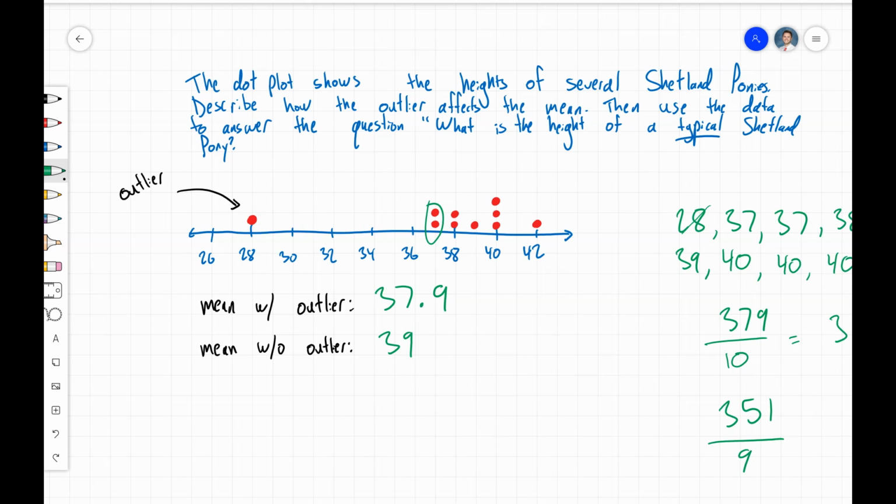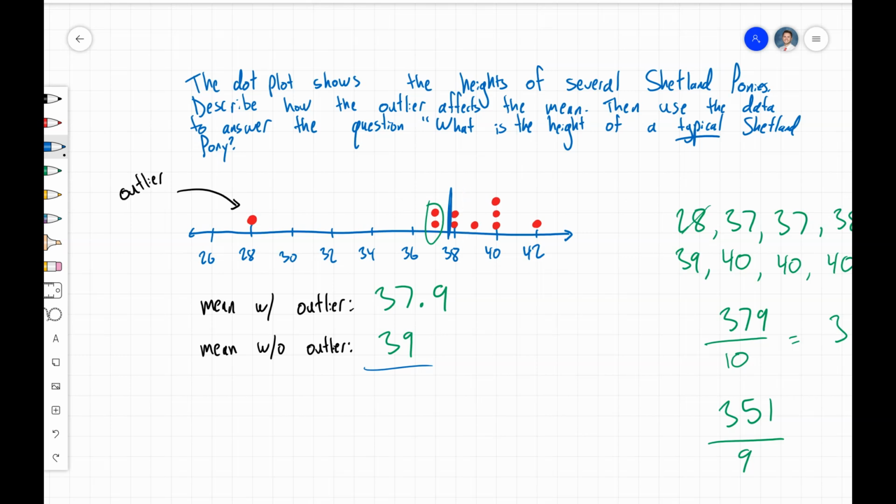We can actually see that, if we look at our graph, 37.9 would be over here, meaning that only 3 of our 10 ponies are less than that mean. So the mean isn't really in the middle, right? Whereas if we look at our mean when we don't include the outlier, that gives us a mean of 39.